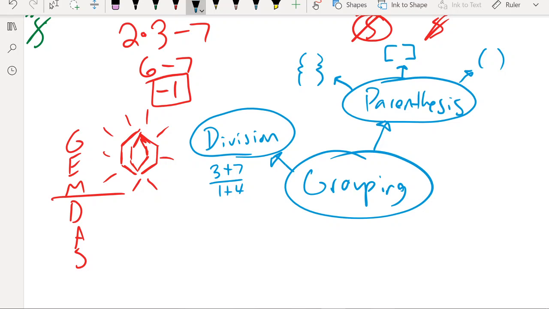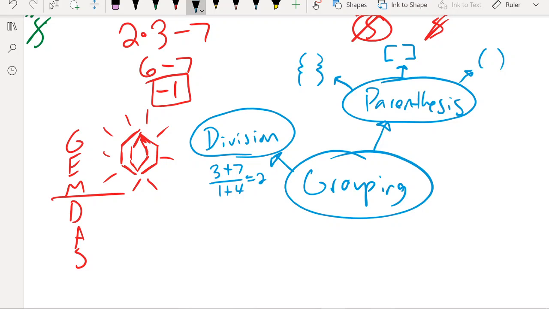I would add 3 and 7, get 10, add 1 and 4, get 5. 10 over 5 is 2, equals 2. So the division bar is actually a way to group the numbers. If you have a division bar, everything on top is grouped and everything on the bottom is grouped as well. So that's another type of grouping.